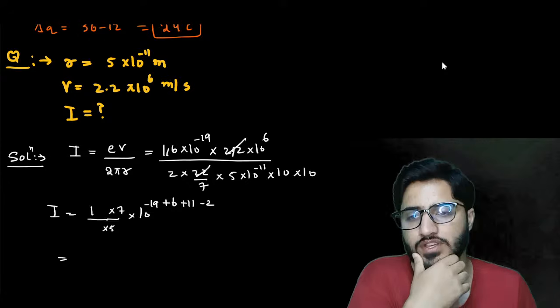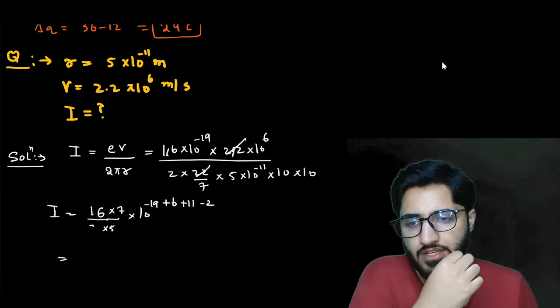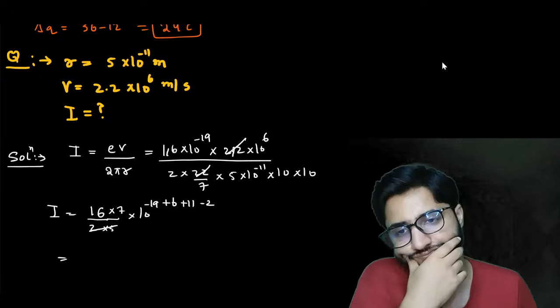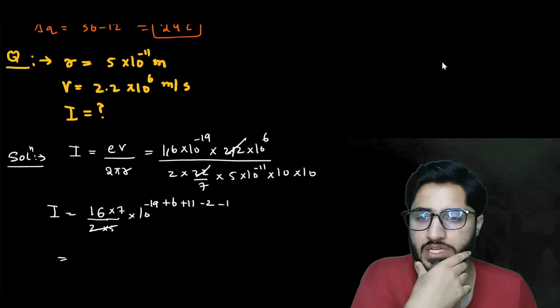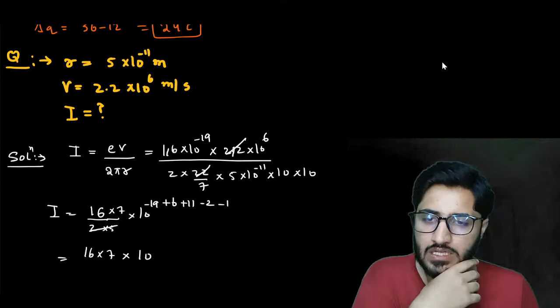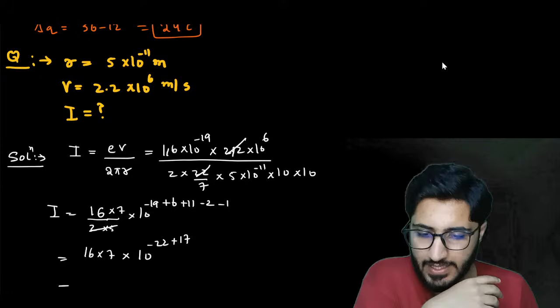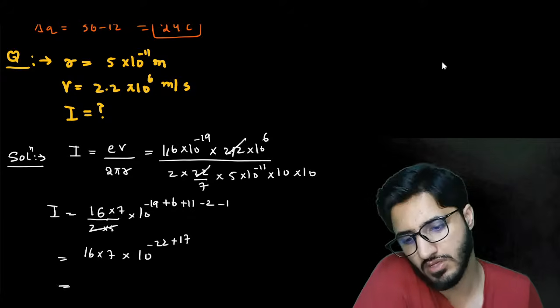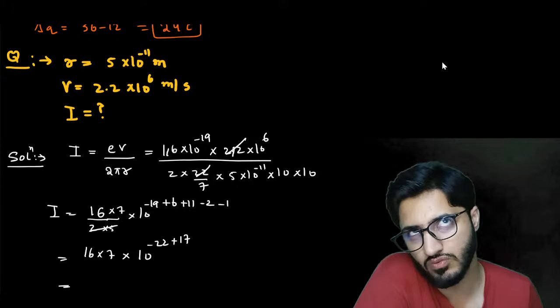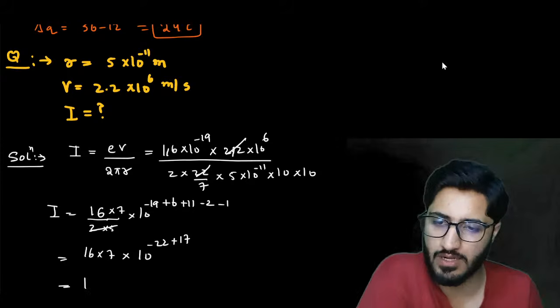Here 5 to the 10, so this 10 cancel out. So I need to write here minus 1 also. 16 into 7 into 10 to power 19 minus 22 plus 17. I guess my answer came out to be how much? So I can write it 1.12 now. 1.12 milliampere.